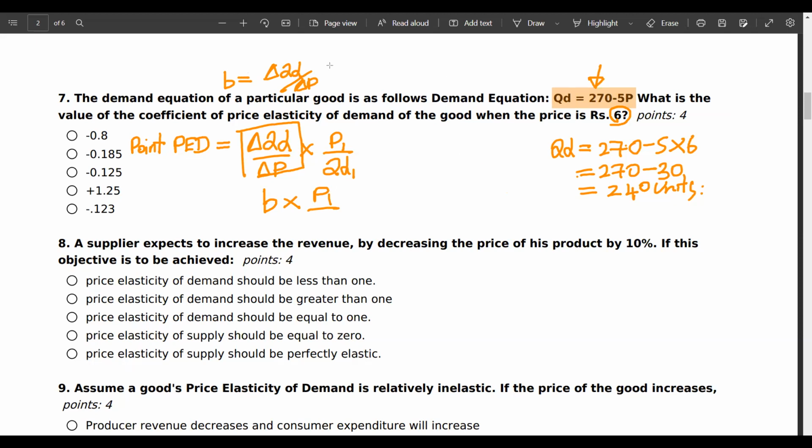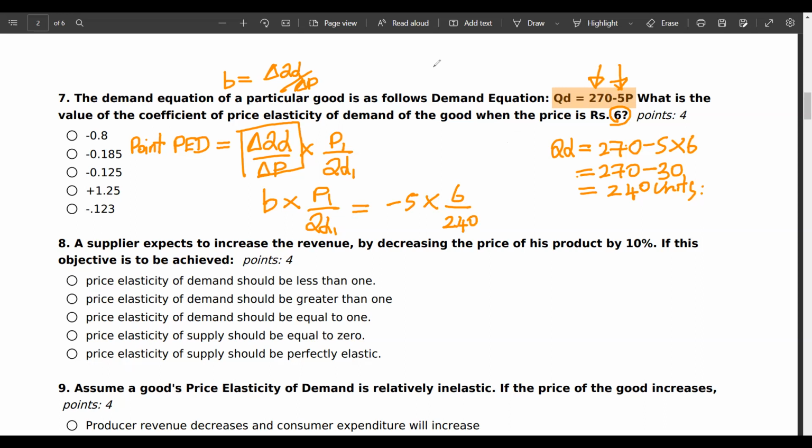So all you have to do is take the slope's value and put it in place of B. In the demand equation itself, the slope is given as minus 5. So you take that minus 5 into the price at which we are trying to measure PED, which is ₹6, over the quantity demanded at ₹6, which is 240.